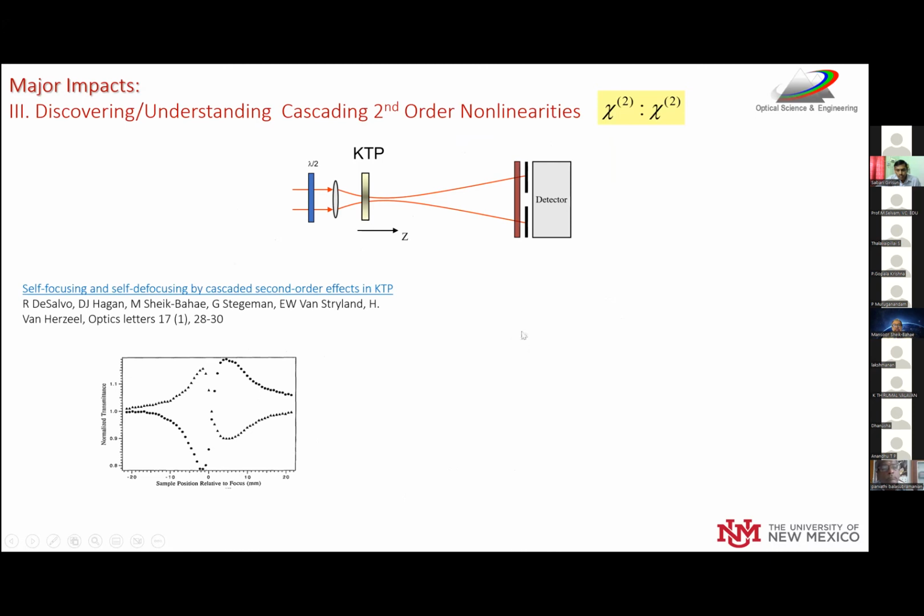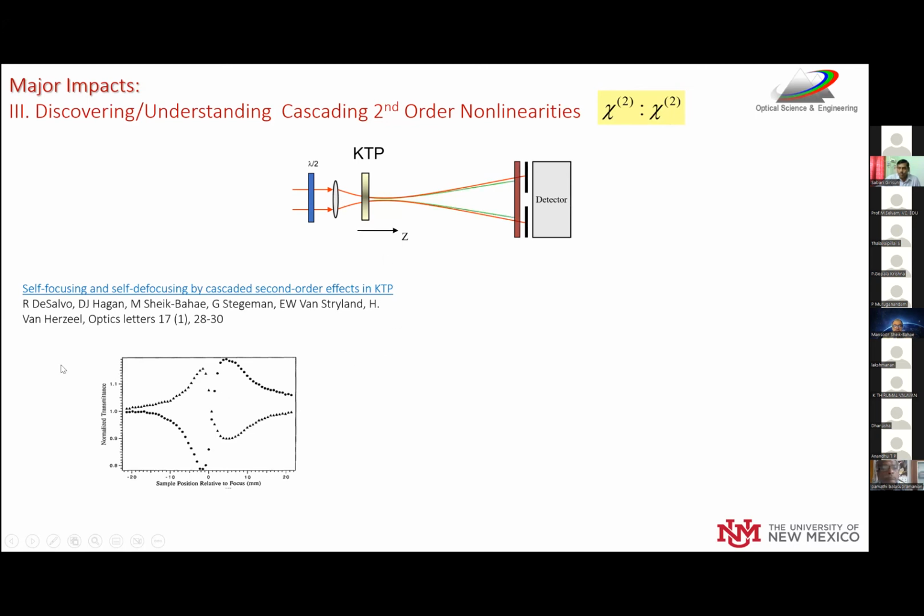And lastly, what I want to talk about is that Z-scan also led us to the discovery and understanding of cascaded second-order nonlinearities, what is known as chi-2. In the experiment, we were scanning KTP, a nonlinear crystal known for its second harmonic generation, while changing the phase matching condition.